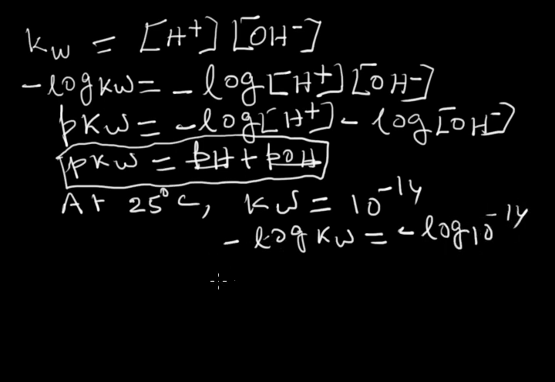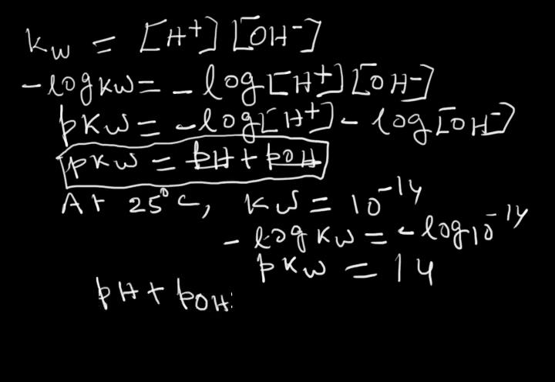Now in place of minus log of Kw, we can write pKw, and minus log of 10 to the power minus 14 is 14. That means at 25 degrees Celsius, pKw is 14. So we can write pH plus pOH equal to 14.